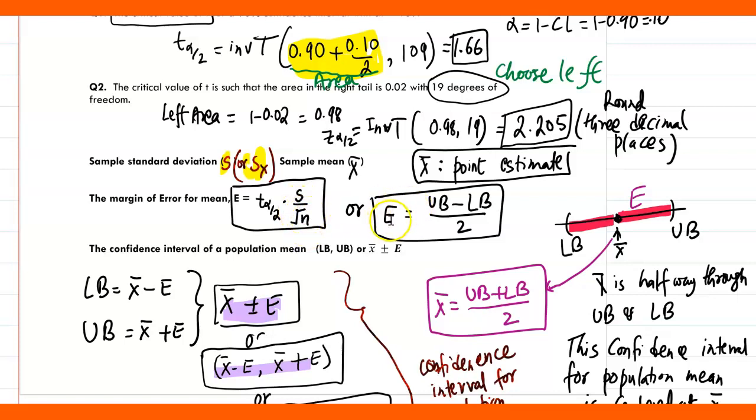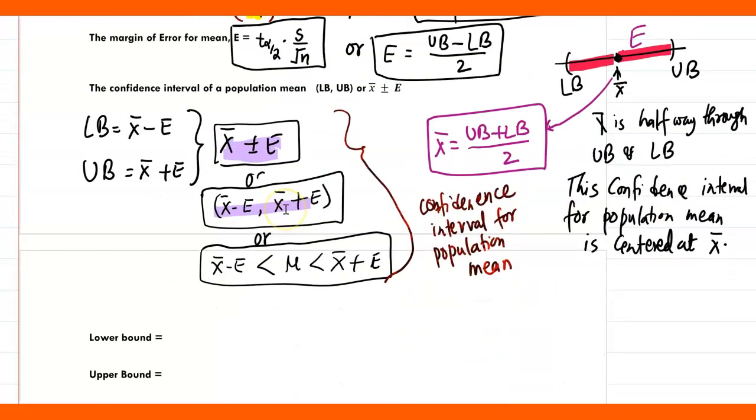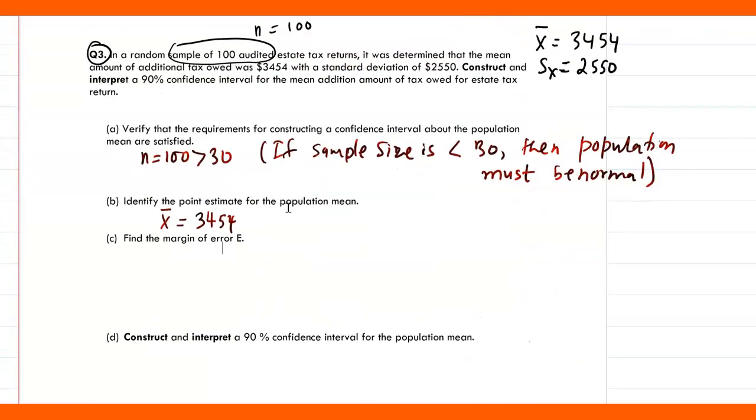There is another formula for margin of error, but you cannot use it because you don't have the upper bound and lower bound. Actually, we are looking for the upper and lower bounds. Therefore, E equals t alpha over 2 times s over square root of n. That's the formula.